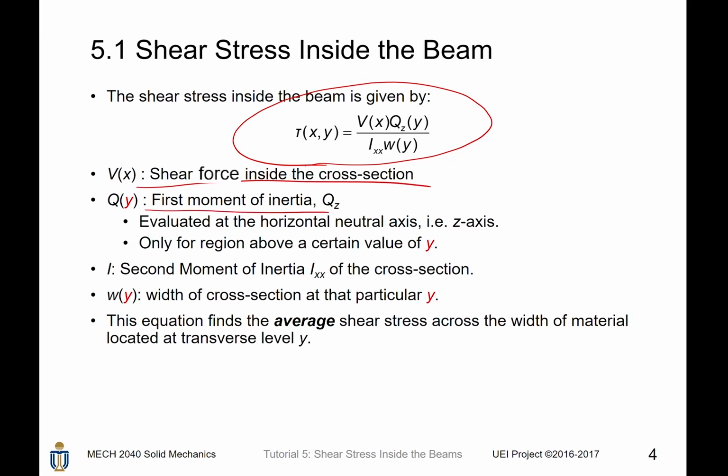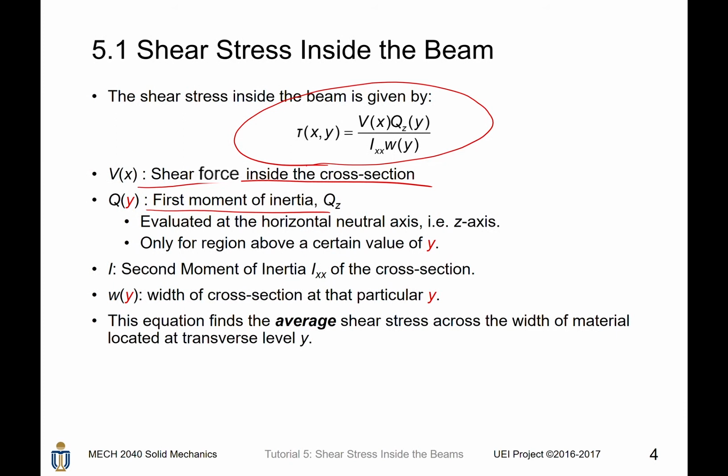Q is the first moment of area, which I will discuss later in the derivation of this formula. Also, I_xx is the second moment of area of the entire cross-section about this neutral axis. w_y is the width of the cross-section at that particular position of y, which I will also explain a little bit later.